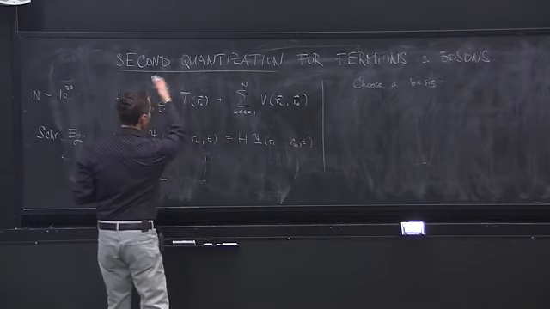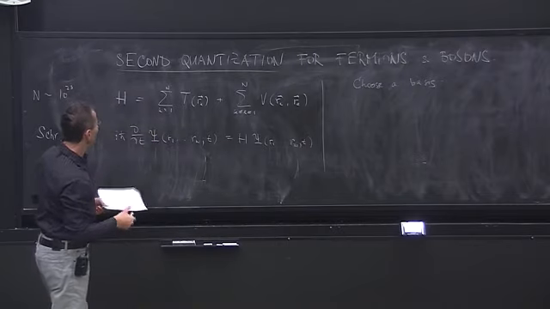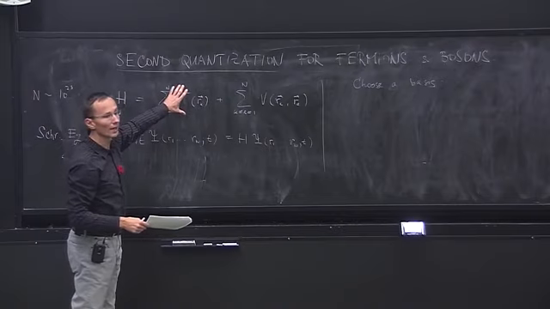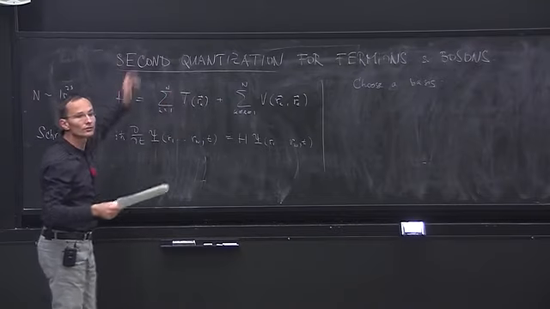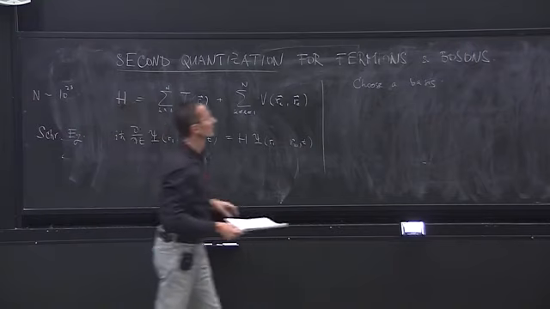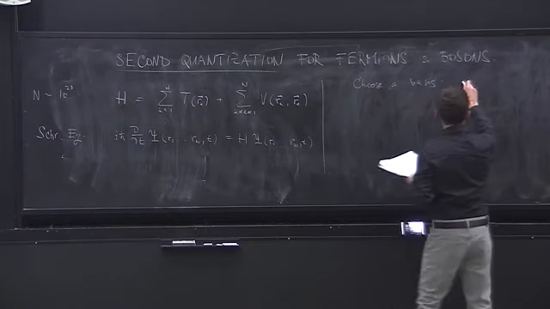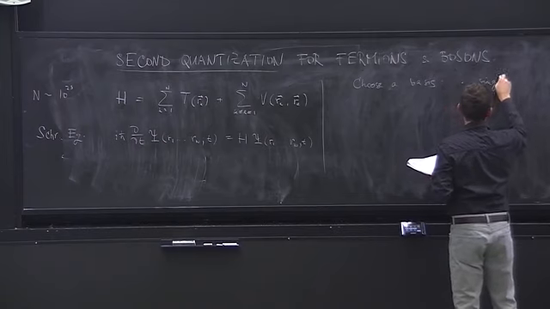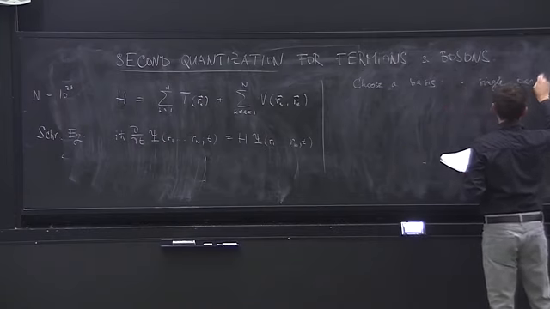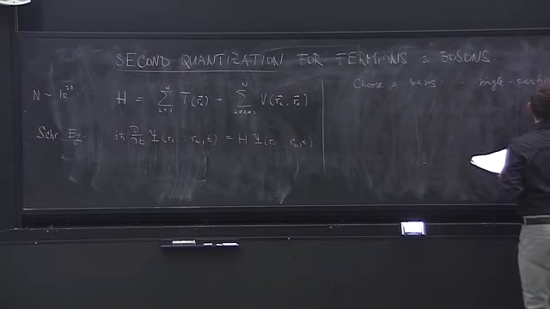In this system, the convenient basis is that of non-interacting electrons in a box. Or these, in principle, could be bosons. It works both ways. So we choose single particle wave functions.